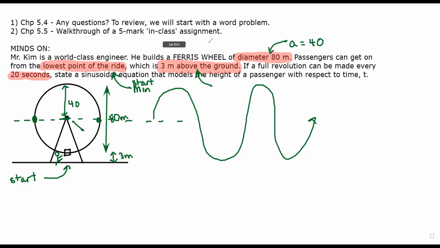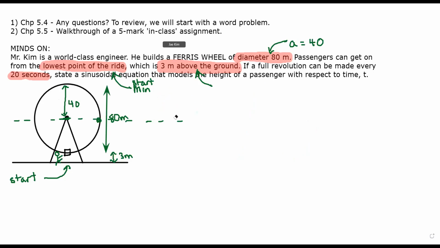So if you want to coincide those 2 pieces of information together, you will see that if you can figure out where the mid-axis of the Ferris wheel is, that is going to be my C value. I'm hoping that makes logical sense.